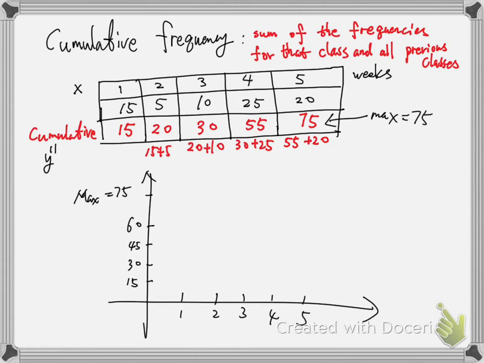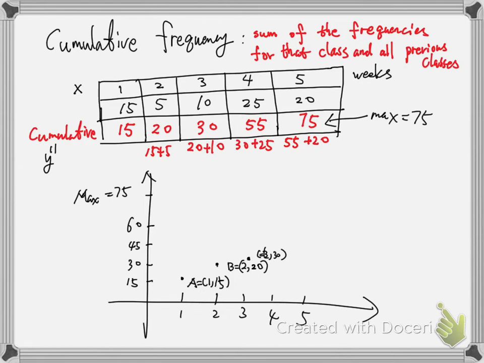So now let's plot the points. The first point is 15. That's my point A. B is 20, the second week is 20. C is 30, this is point C. This is point B. And then point D is week 4, 55.